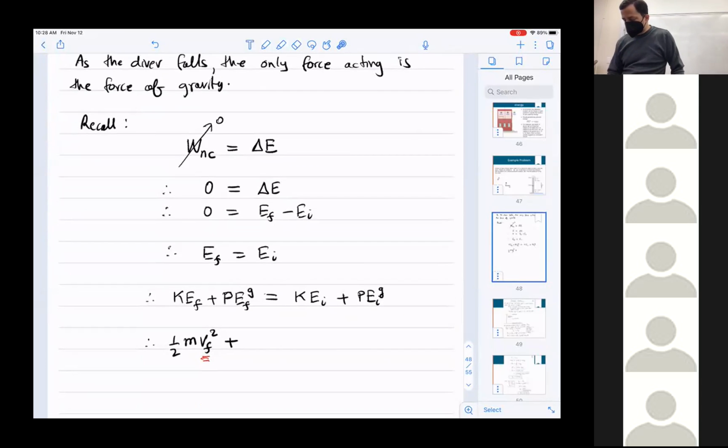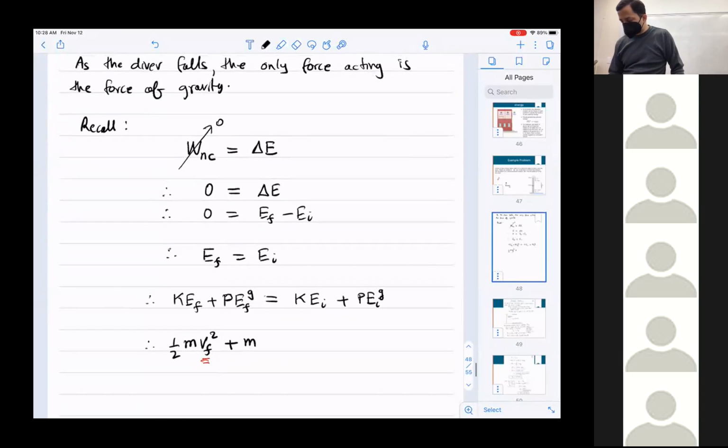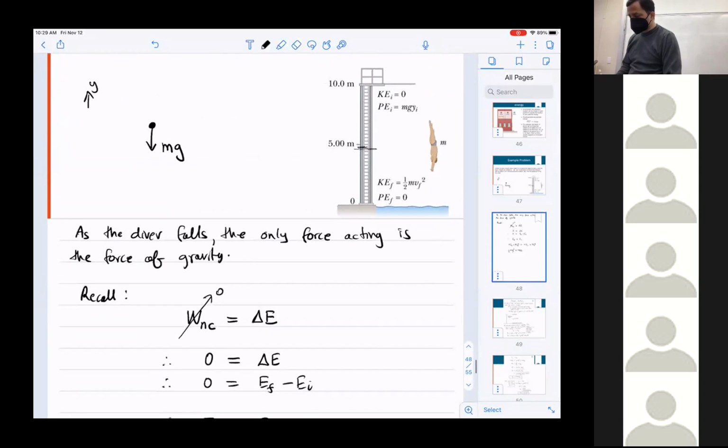They will have potential energy mg y initial, because we've now taken the reference level y equaling 0 to be at the water. The y initial here is 10 meters. The y final here is 5 meters. So the diver starts here, and then at y equaling 5 meters, we want to know what his speed is.